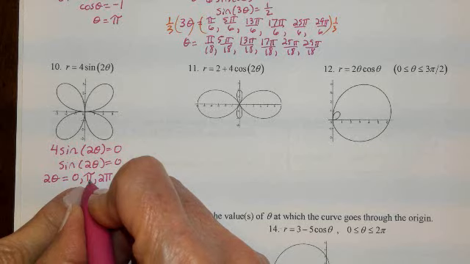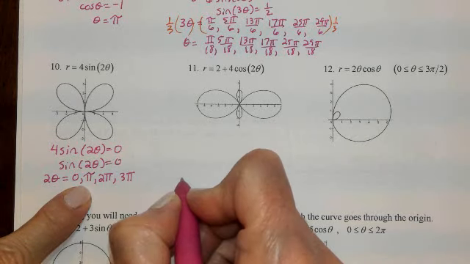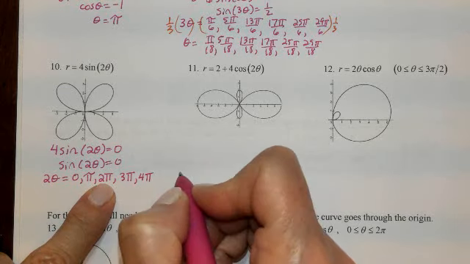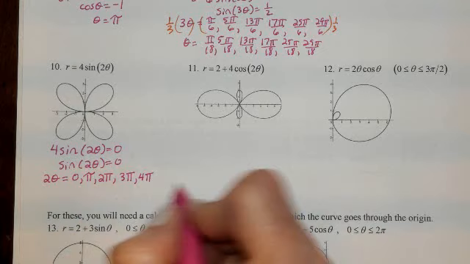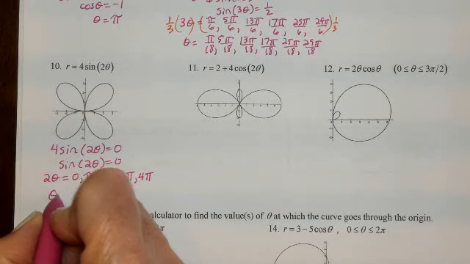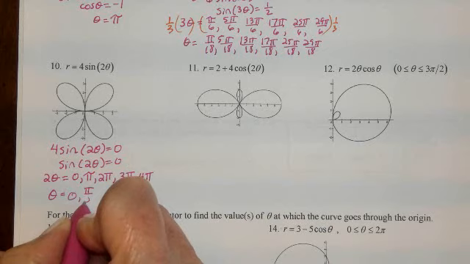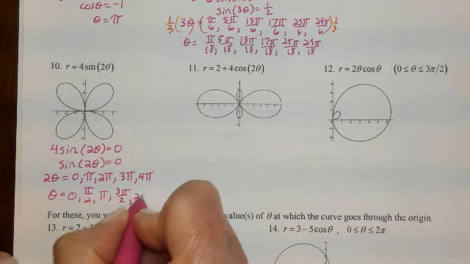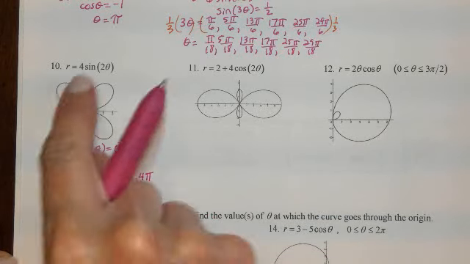Pi plus 2 pi is 3 pi. 2 pi plus 2 pi is 4 pi. And I think that will be all we need to make it between 0 and 2 pi. So divide both sides by 2, or multiply both sides by a half. And we have all of the values of theta between 0 and 2 pi that make r 0.